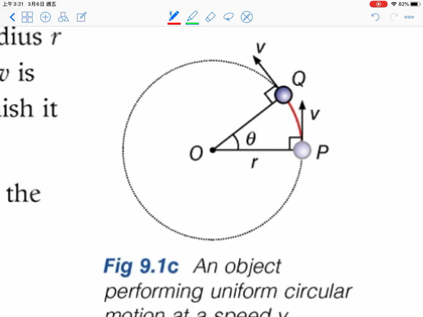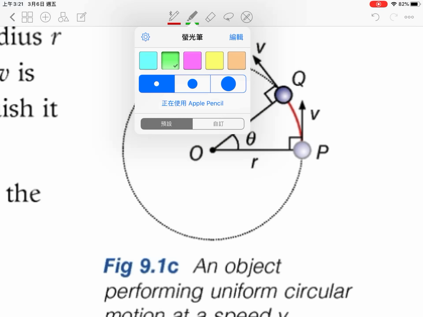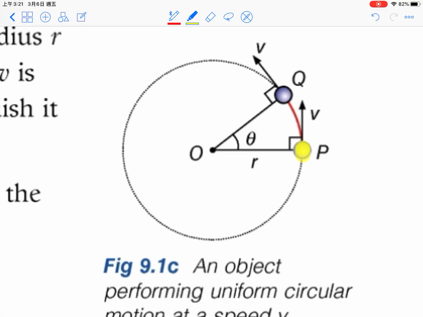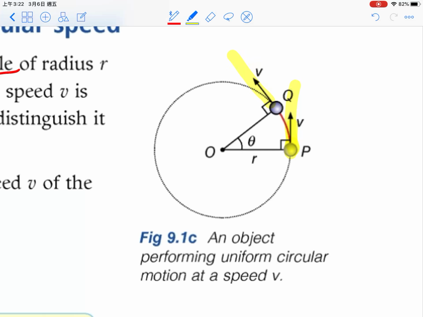Suppose the object is moving in a circle at constant speed. At point P, you move in a straight line, so it has a linear speed. After some time, you change the direction. And the linear speed has the unit m s minus 1.